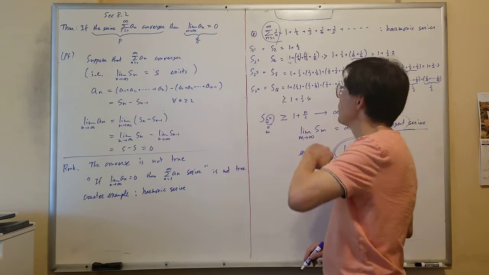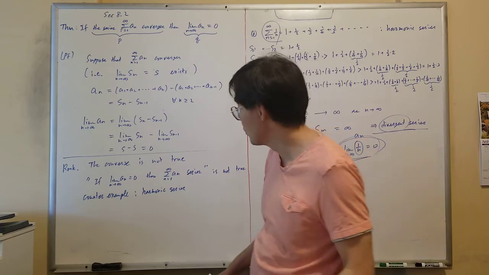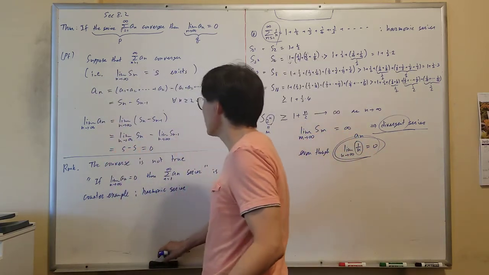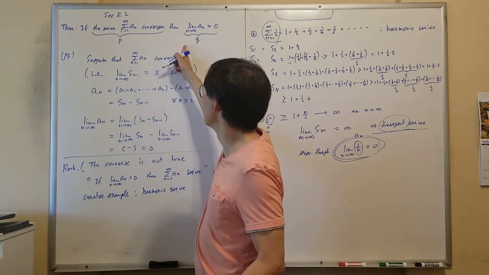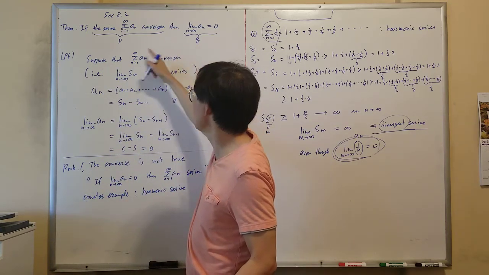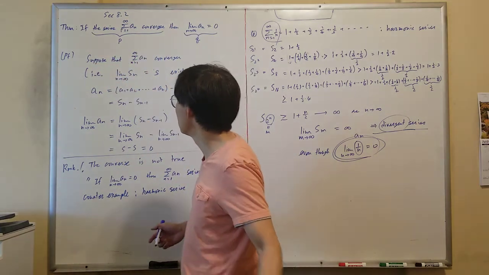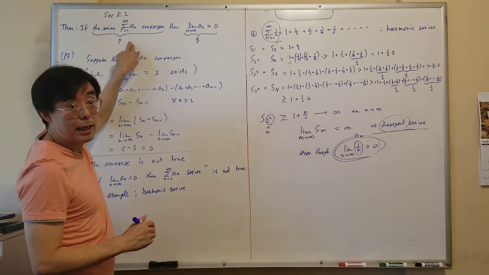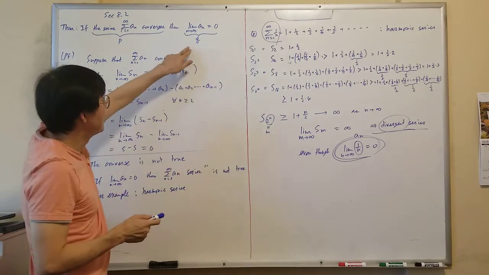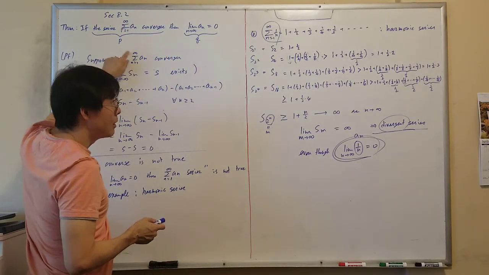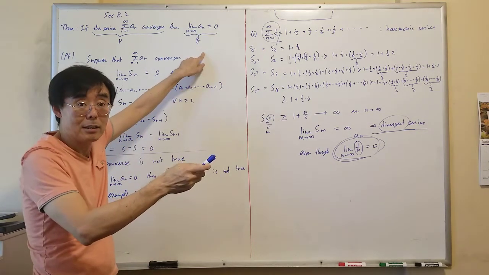However, we can use this theorem in a contrapositive way. We call it the divergence test. So what is the contrapositive? If P then Q, then if not Q, then not P. Switch and then negate both. Like this one: if it is raining, then it is cloudy. Generally, it's a true statement. If it is not cloudy, then it is not raining. Think about it. If it is not cloudy, yeah, it cannot be raining.